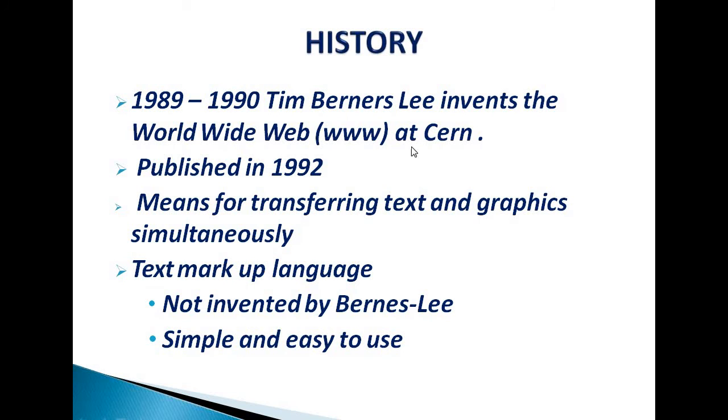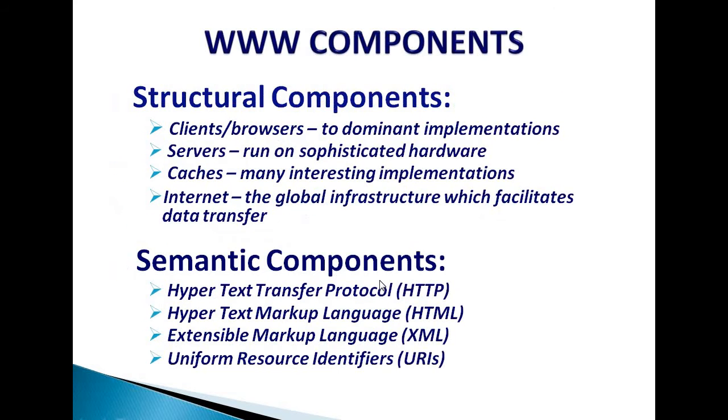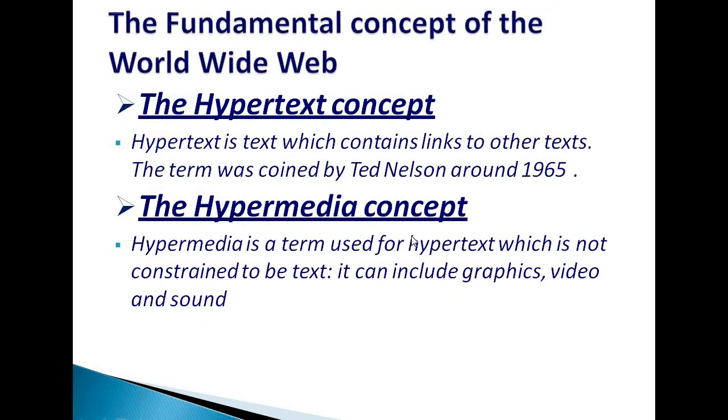Here we have covered the history, who invented the www in 1989-1990, Tim Berners-Lee, which means transferring text and graphics in the form of text markup languages. So here we cover the two components, that is structural component and semantic components.